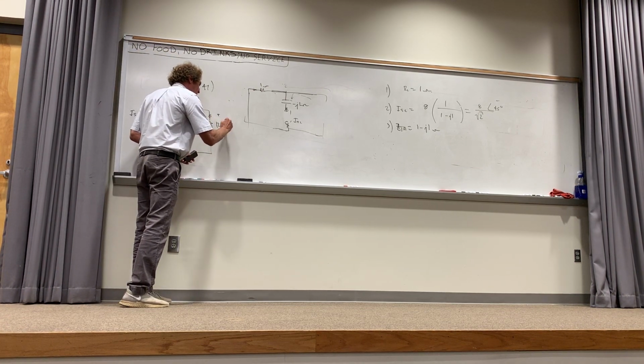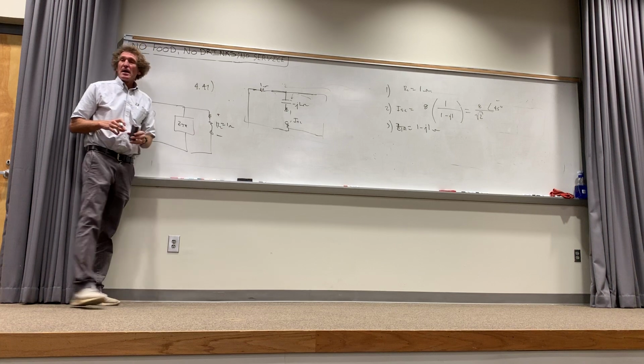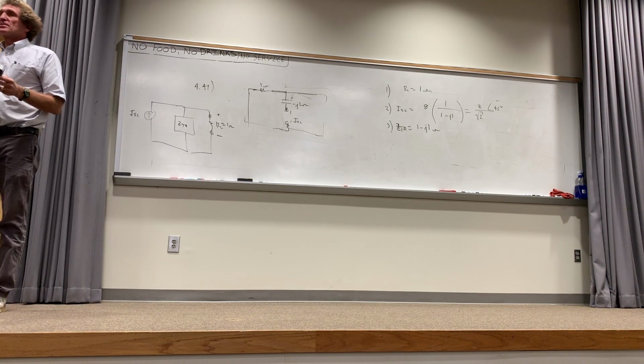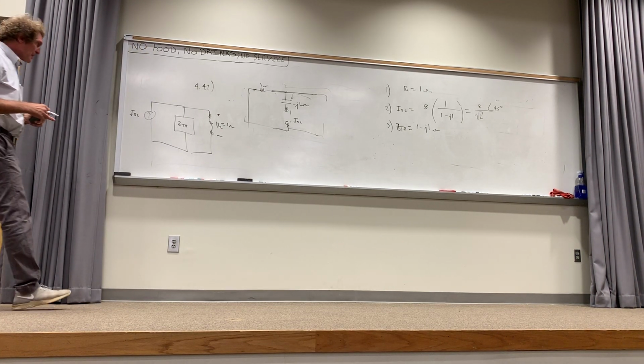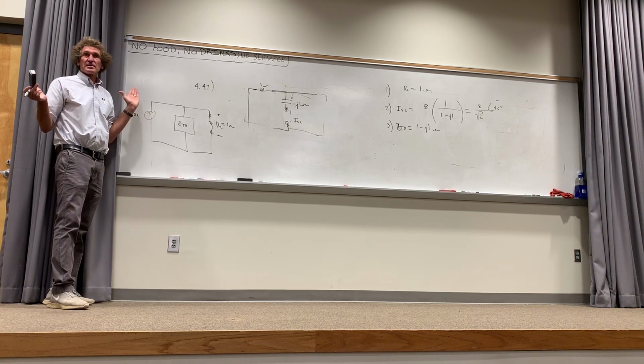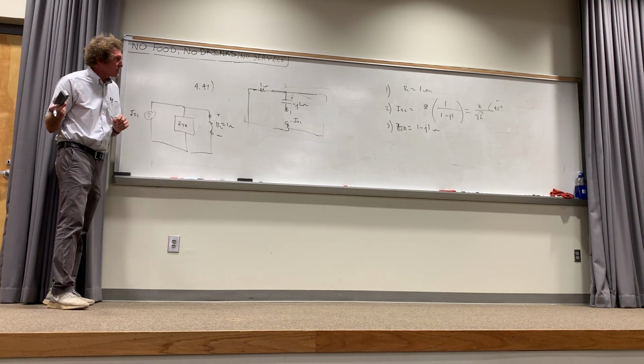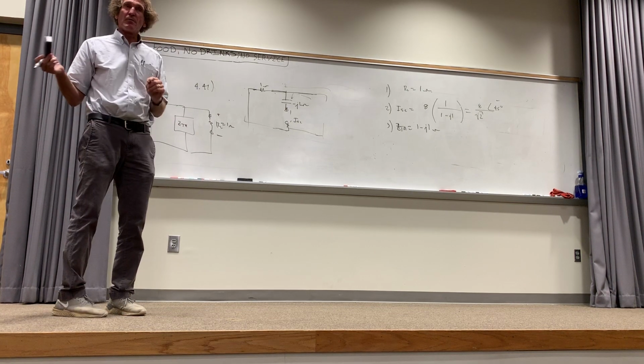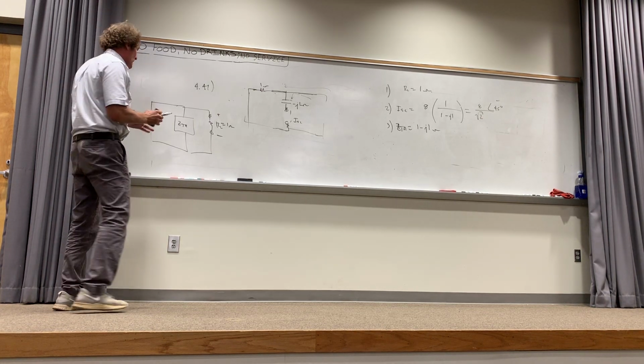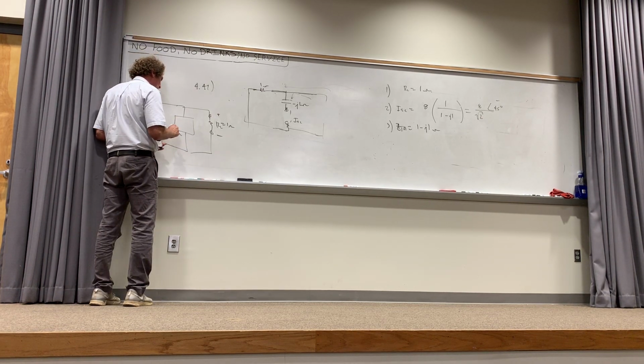Now, this RL is 1 ohm, right? If I want that voltage, there are so many ways to get it. Here I know Z Thevenin is 1 minus J1, right?